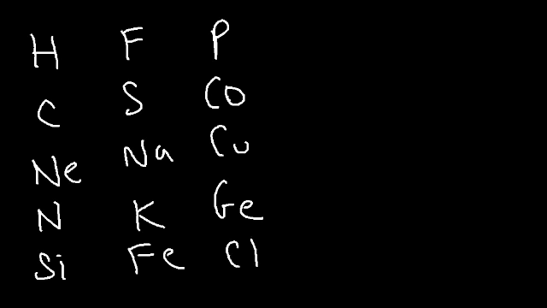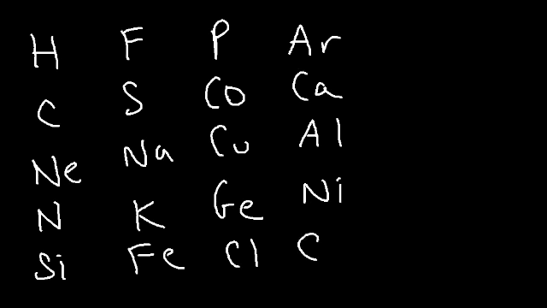P is phosphorus, Co is cobalt, Cu is copper, Ge is germanium, Cl, chlorine. Ar is argon, Ca is calcium, Al is aluminum, Ni is nickel, Cr is chromium.